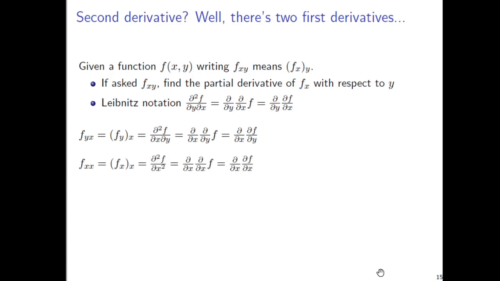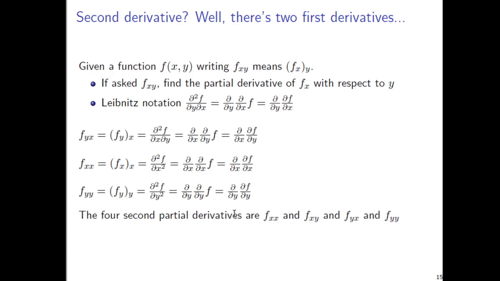And f sub xx, so this is nice because you don't have to really worry about the order. But the notation looks a little funky, perhaps. d squared f over dx squared. These are just notations that get used. So look, in the end, there happen to be 4 second partial derivatives. I hope that makes sense and is not too surprising, given that there were 2 first partial derivatives.